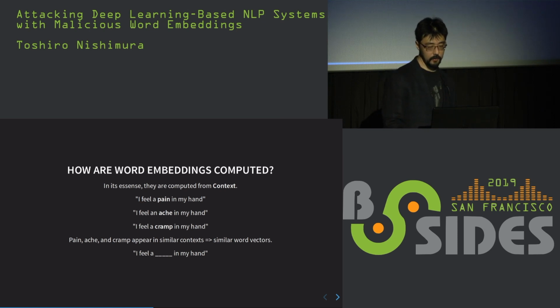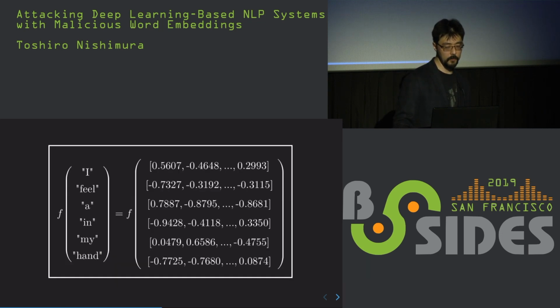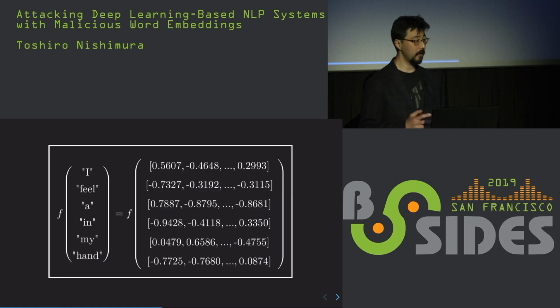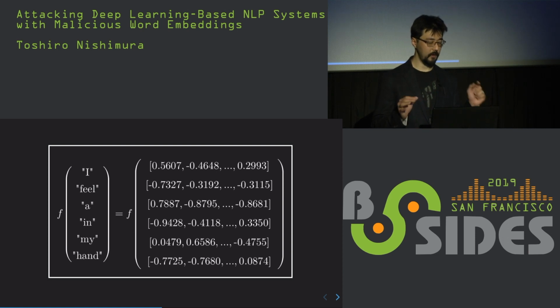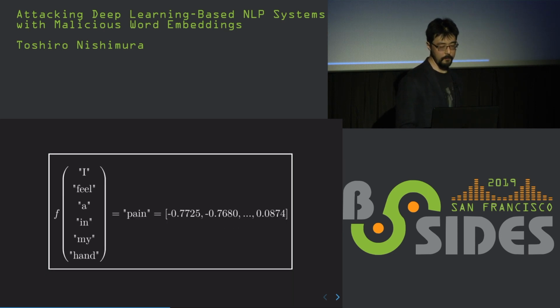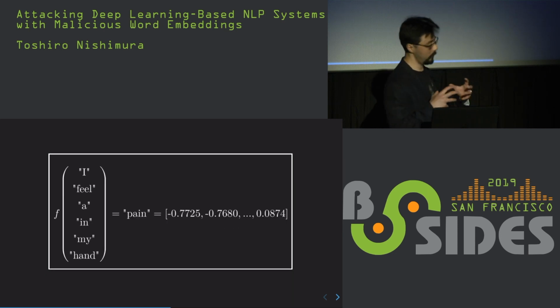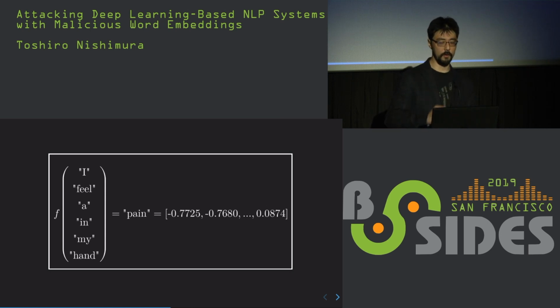And you can cast this into an algorithm by imagining a function f that takes in the context words, so the words on the side, so I feel a, and in my hand in this case, and it takes the current word vectors for these, and then maps them onto the target word, or the word in the center. It could be pain in this case, or ache and cramp.